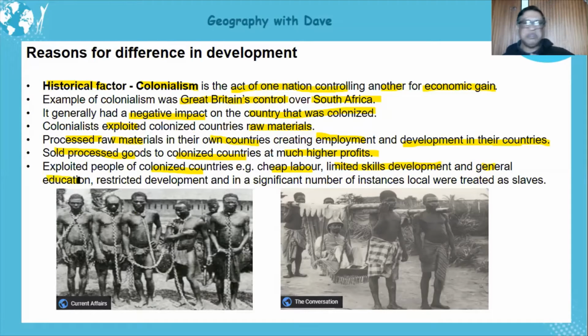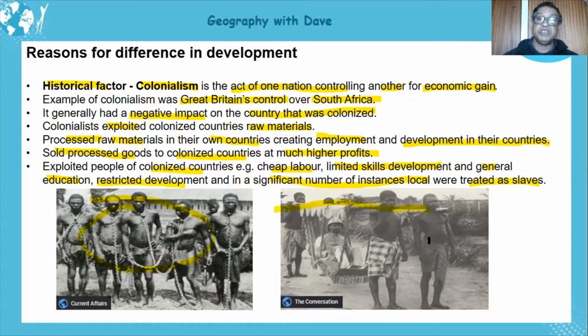Okay, and general education was limited. You understand? There was not much education given to people, so development was restricted. And in a significant number of instances, the locals were treated as slaves. Not in all cases, but in a significant number of cases, as these old pictures show you here.